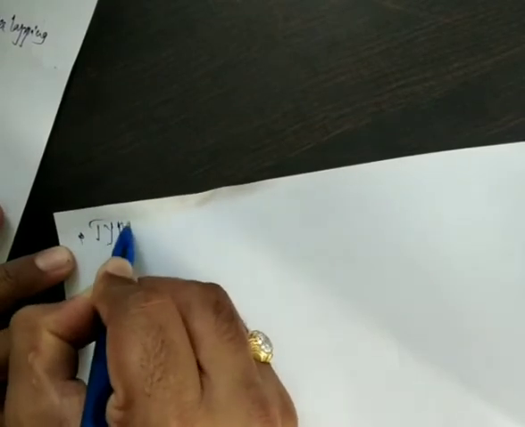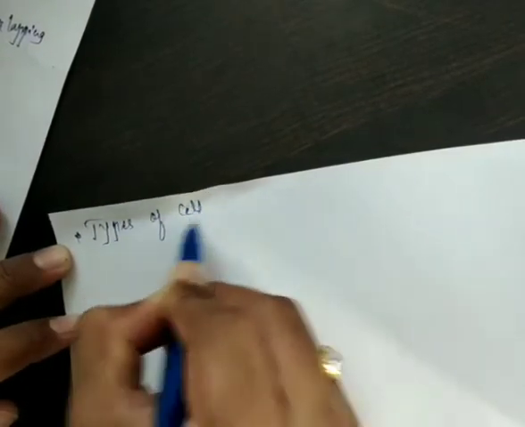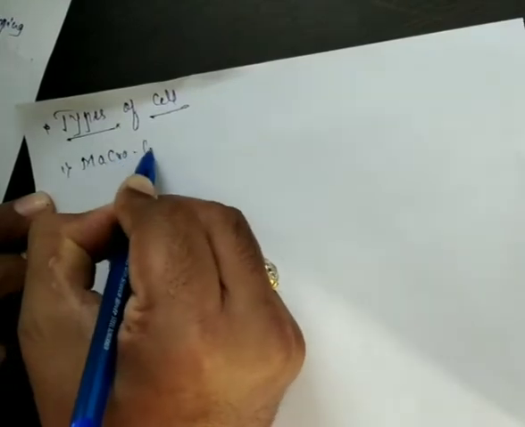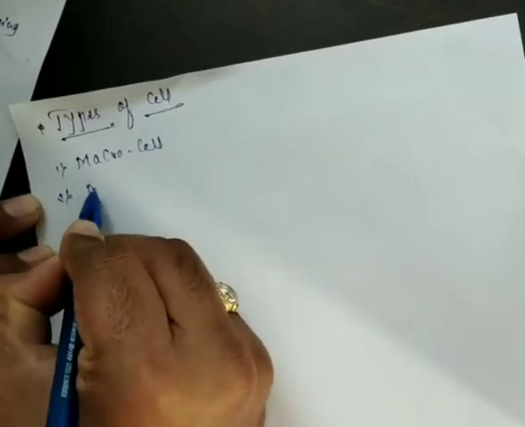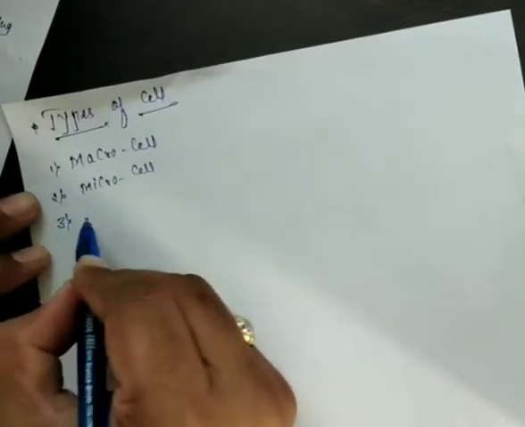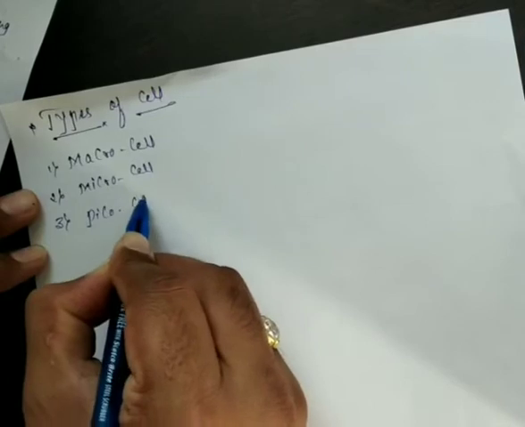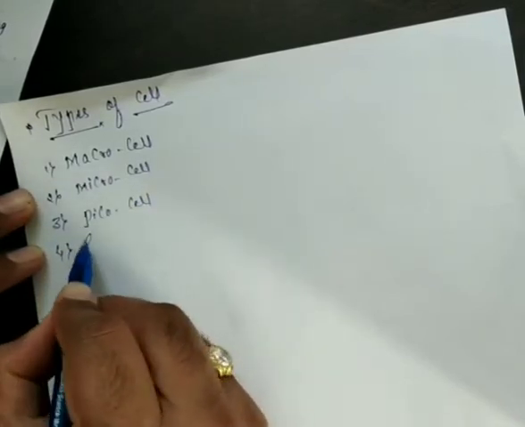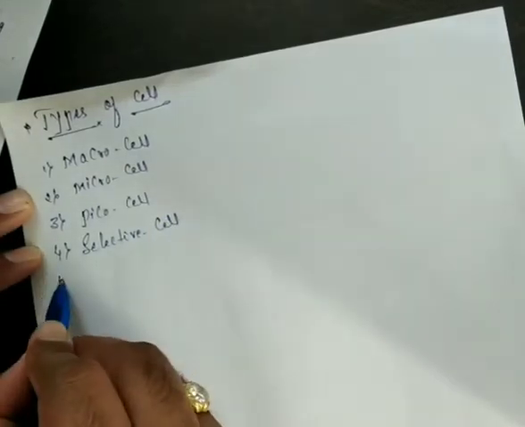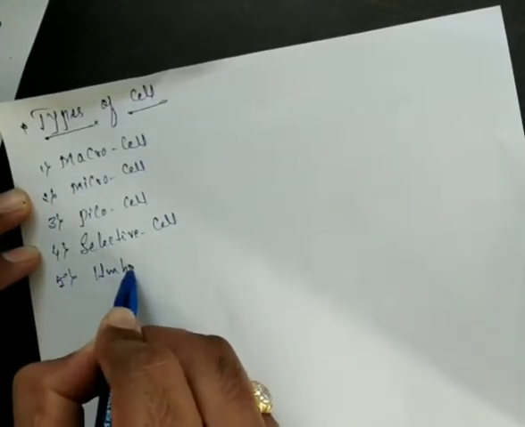And the last topic of this cellular concept is the types of cell. One is macro cell, second micro cell, third picocell, fourth selective cell, fifth umbrella cell.